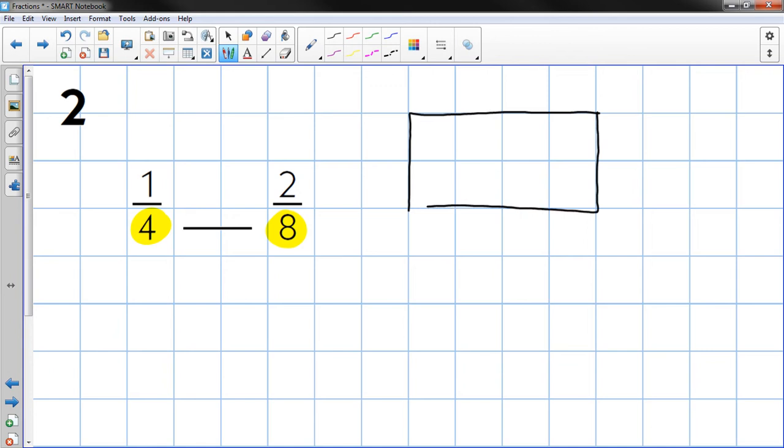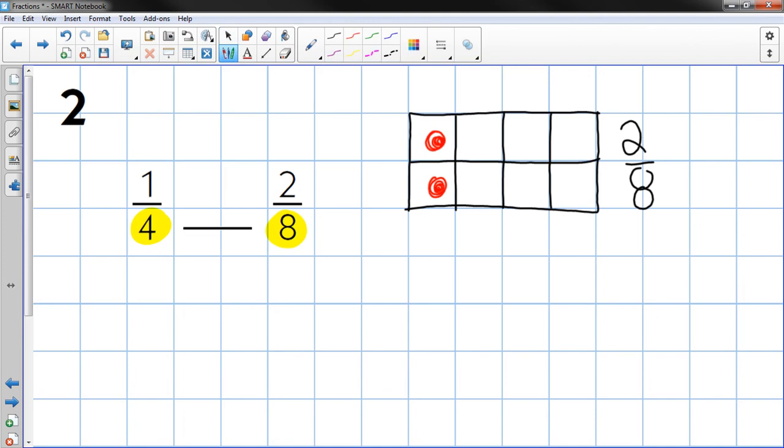I'm going to start out with 2/8 first. So I have a rectangle made out of 8 pieces, and I'm going to draw 2/8. So 2/8 would look like this.